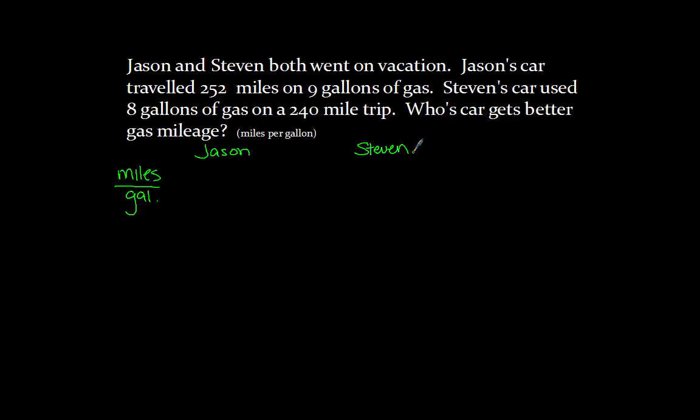Jason's car, it says, went 252 miles on 9 gallons, and Steven's car went 240 miles on 8 gallons. The only way I can compare these two things is if I figure out how far did each one go on just 1 gallon of gas.